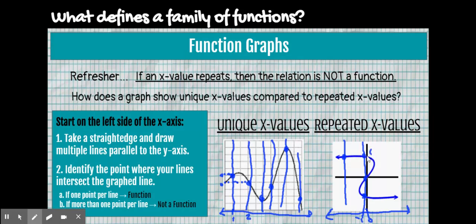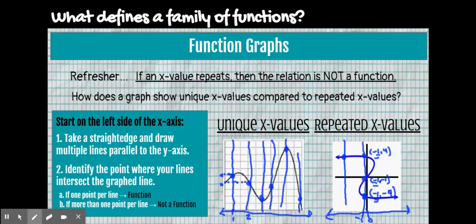Do you see those repeated x values? And remember, repeated x values are not functions. -1 can't produce a 4, and the same -1 produce a -1, and the same -1 produce a -4. Not allowed to be a function. And that's what happens when you repeat x values.